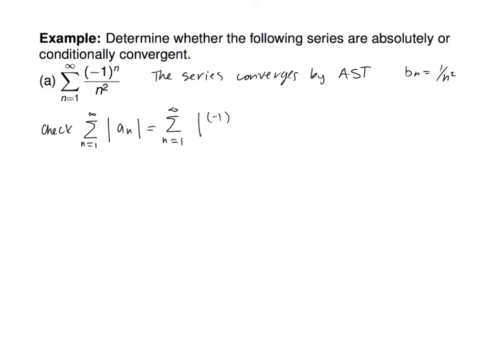So what happens if I take the absolute value of negative 1 to a power? What do I get? 1 to a power, which is just 1. And if I take the absolute value of n squared, well, n is positive, so n squared is its own absolute value. Okay. So what does this series do?